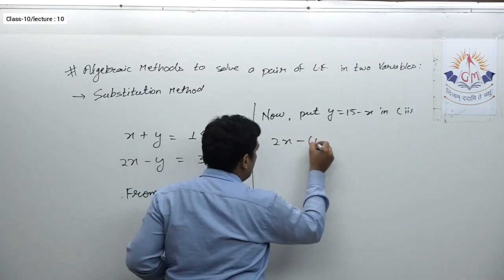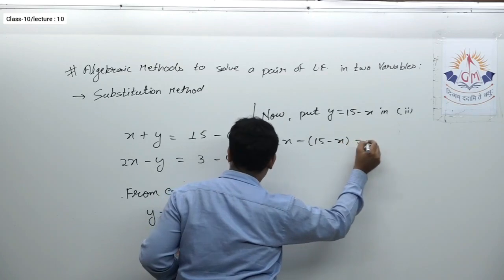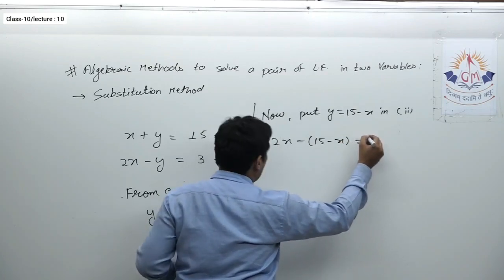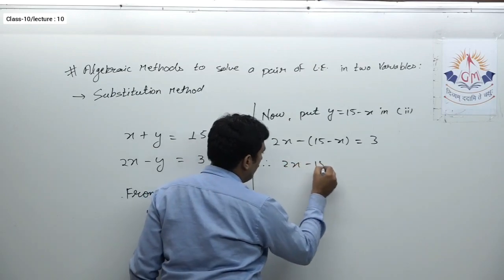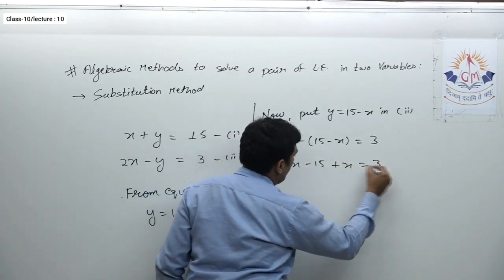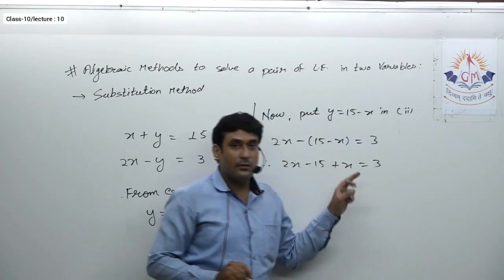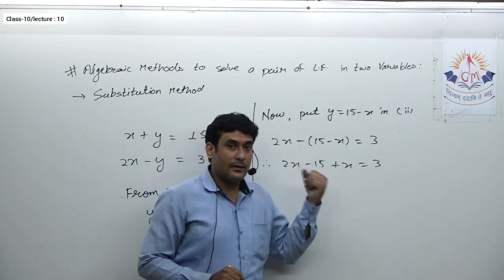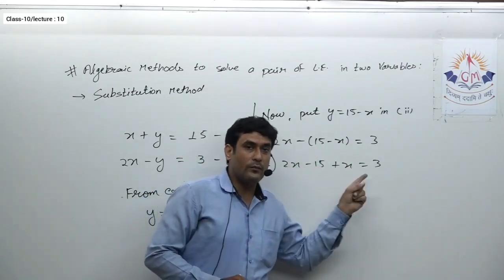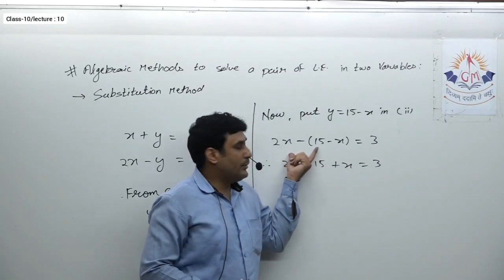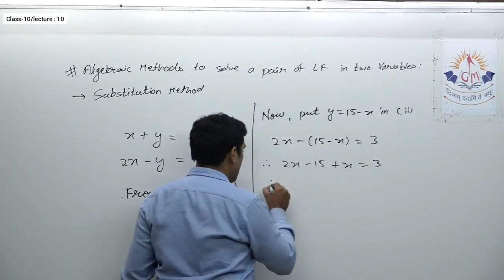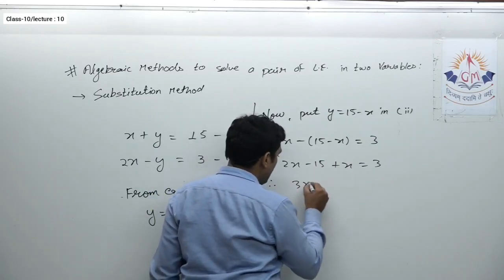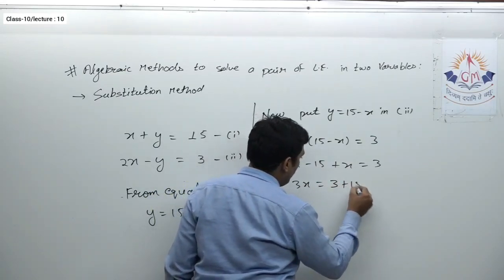So 2x minus, 15 minus x remains as it is, equal to 3. Now when I solve this, 2x minus 15 plus x is equal to 3. By doing this, I converted the equation into one variable. Here this expression is in one variable, which we can solve easily. So here I will get 2x plus x, that is 3x, is equal to 3 plus 15.